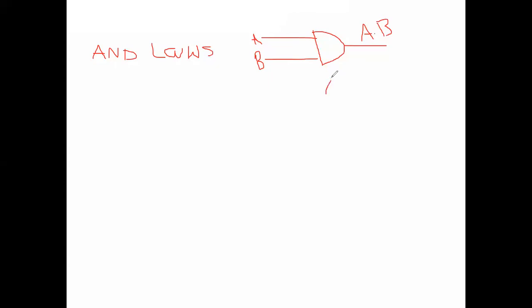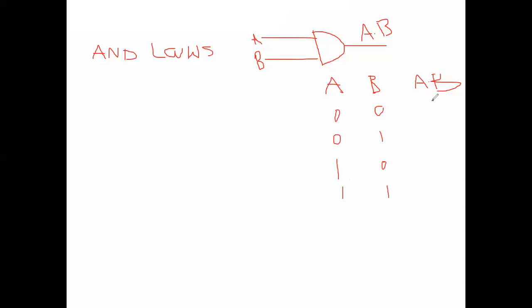What is the truth table? A, B, A dot B. So how many combinations are we having? 0 0, 0 1, 1 0, 1 1.